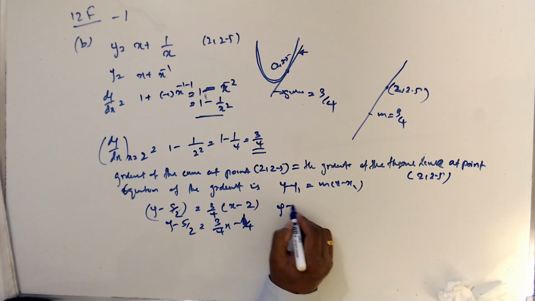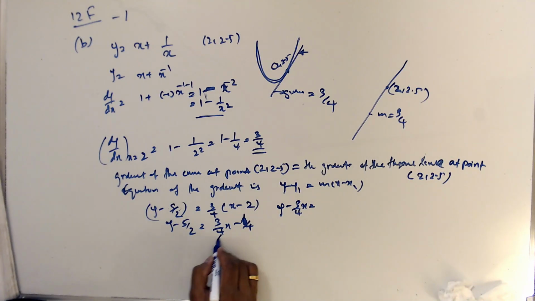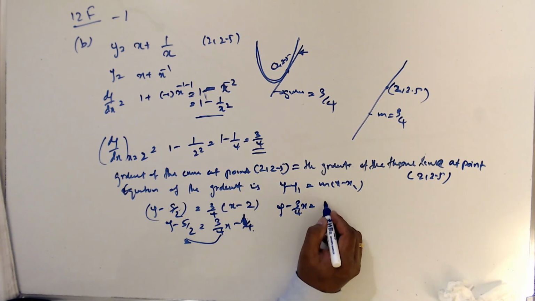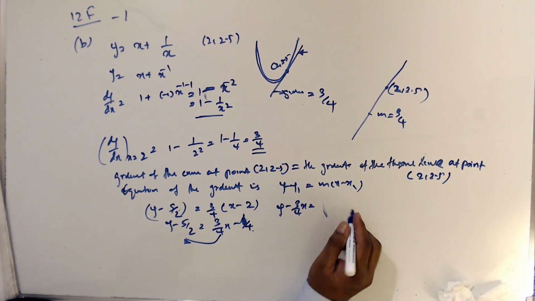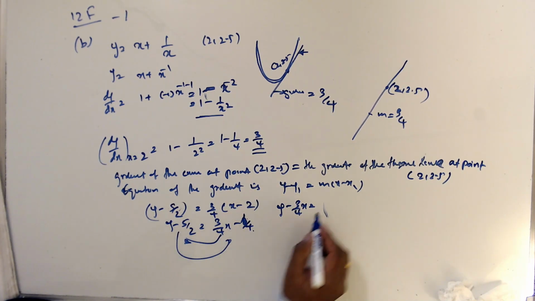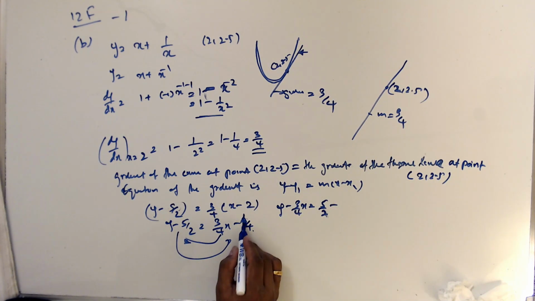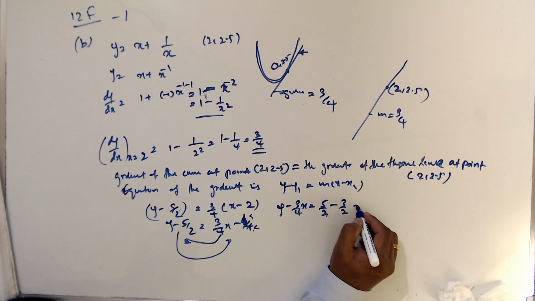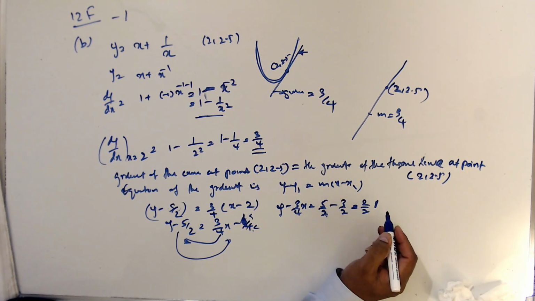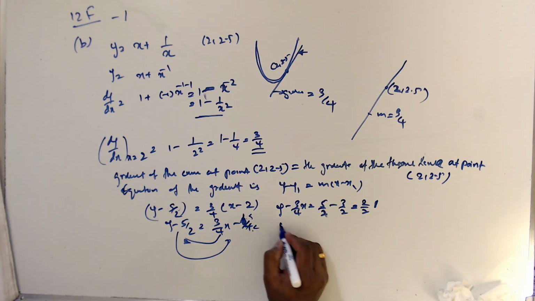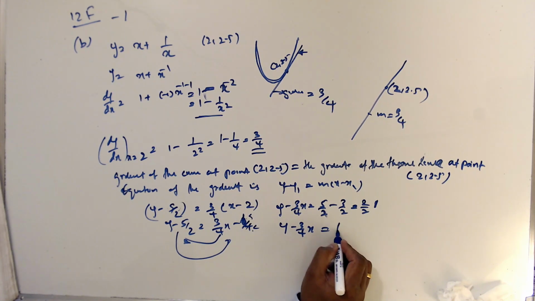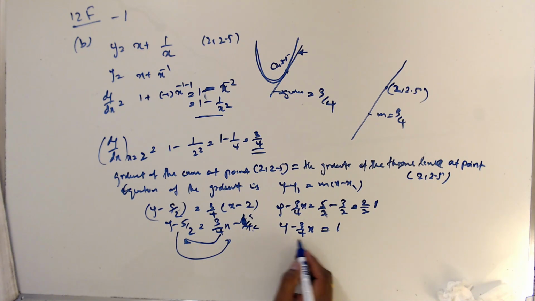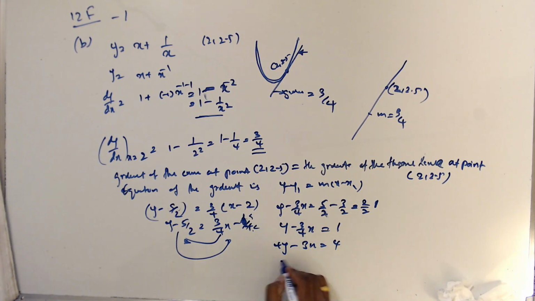Now y minus 3 over 4 x equals 5 over 2 minus 3 over 2, which is 2 over 2, which is 1. Now I can multiply by 4. So 4y minus 3x equals 4.